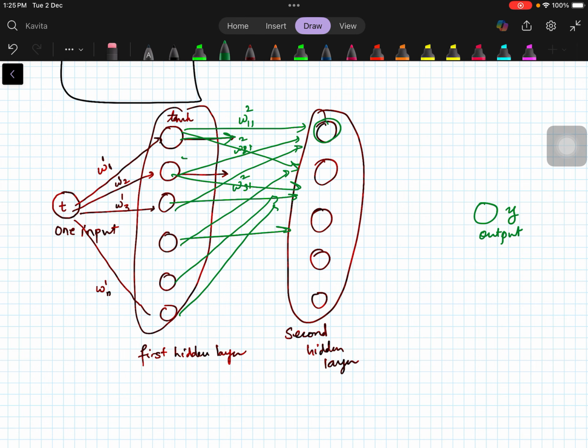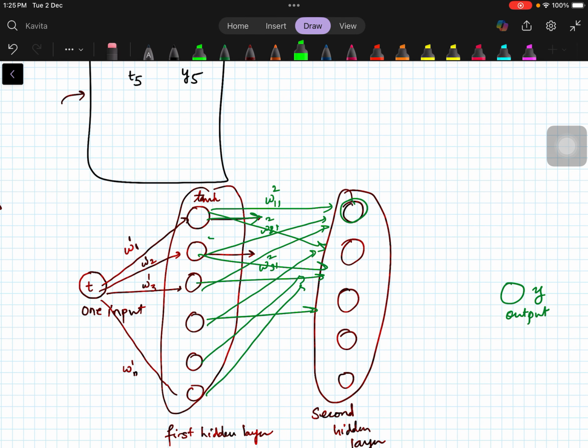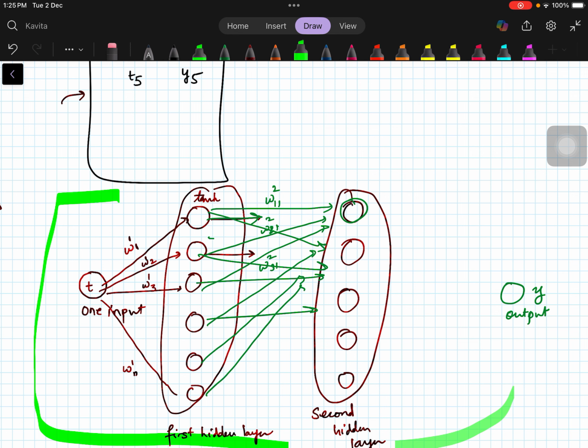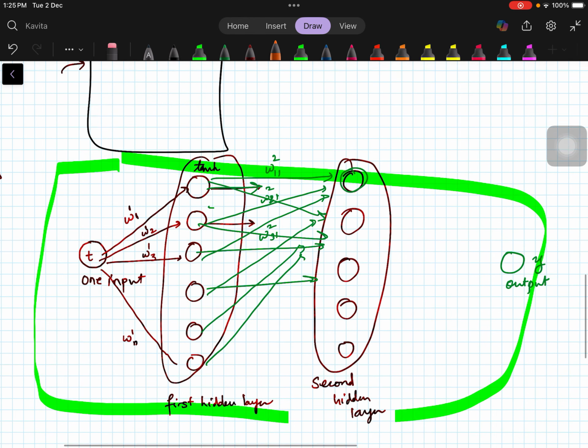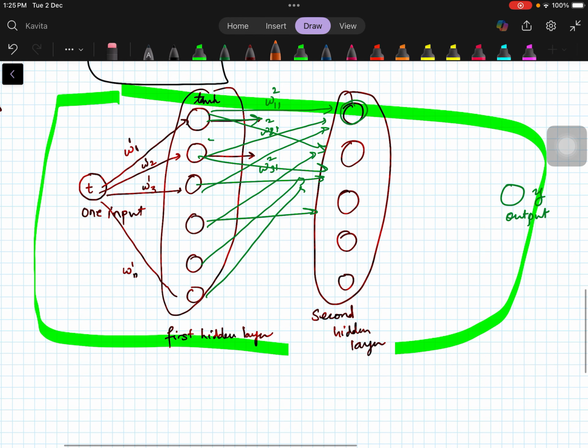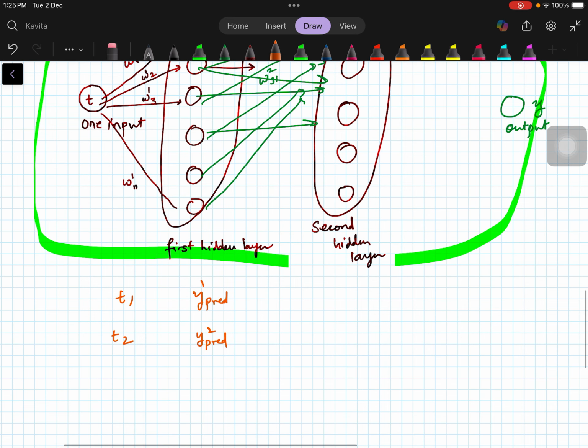So how will the data be used? This particular model will take this input T1, right? And initially it will start with some random weights, and when we put T1, we will get some predicted value. Okay, and then you will put T2 in your network, you will get some predicted value, and so on, right?